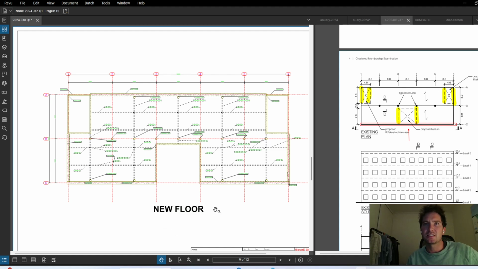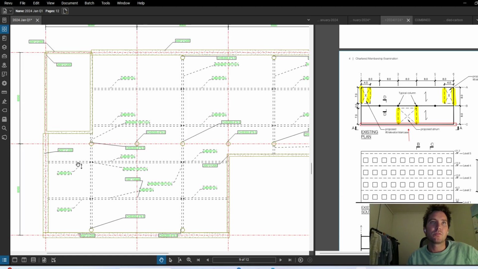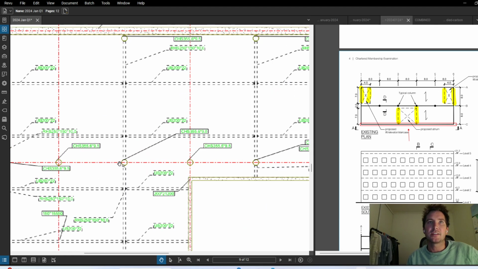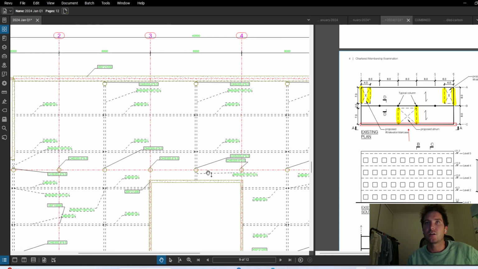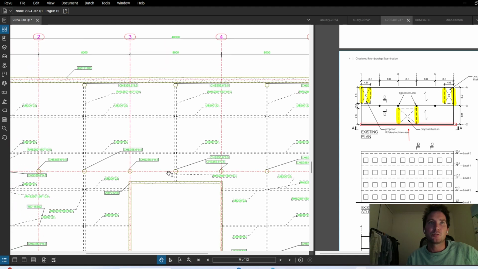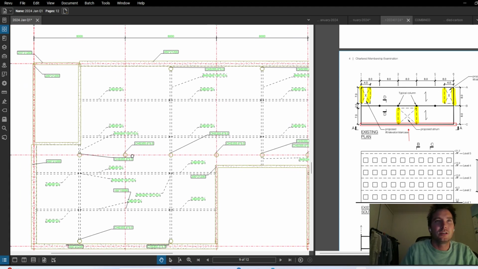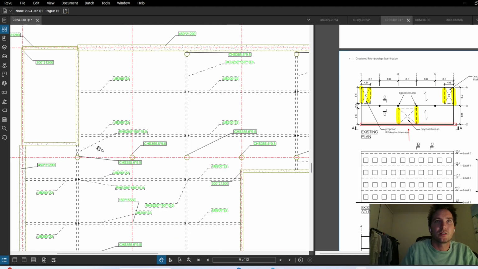I should say something like typical here, but if you remember my concept sketch before, I added some new columns along that existing corridor, equally spaced at 8 meters in between the existing columns, and that way I don't have to introduce any new loads onto the existing structure, because we don't know what the footings are, so I don't think it's a good idea to load up the existing columns when we don't know what they're sitting on.